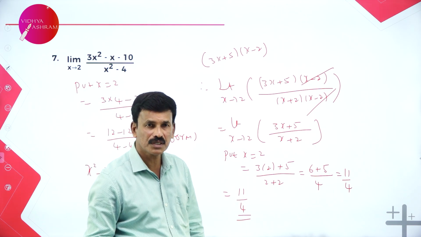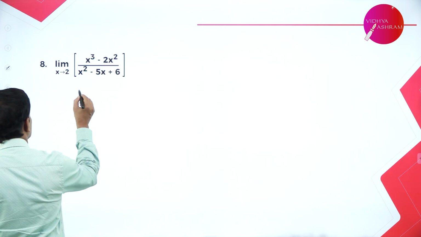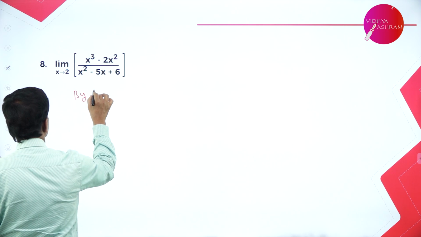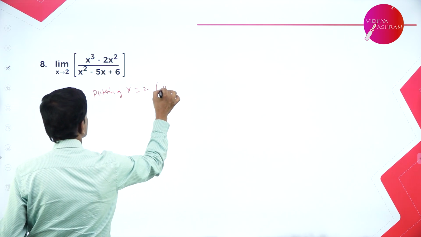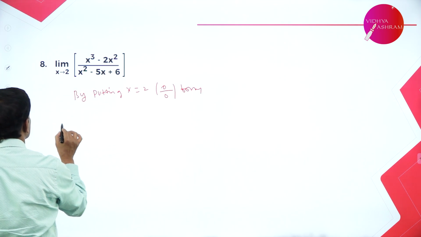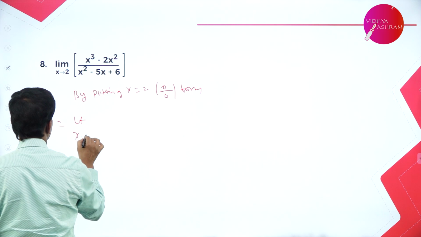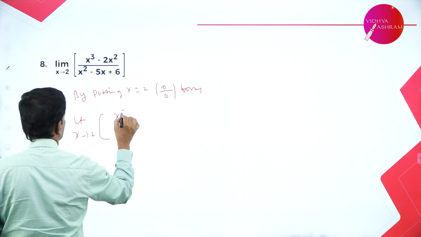Hope you followed. Okay. Now, this is also the same as the previous problem. By putting x is equal to 2, 0 by 0 form is obtained, which is an indeterminate form. So, this can be evaluated as limit x tends to 2 of, you can take x square as a common factor.